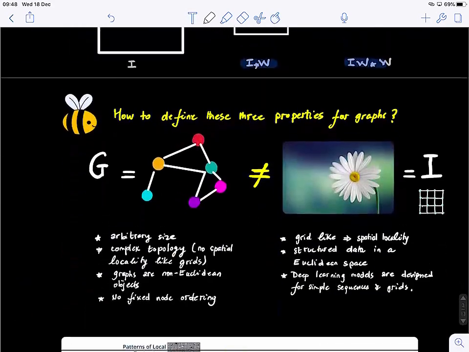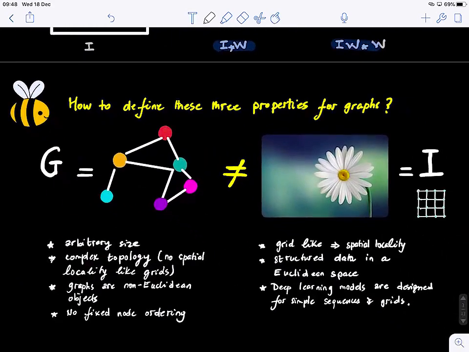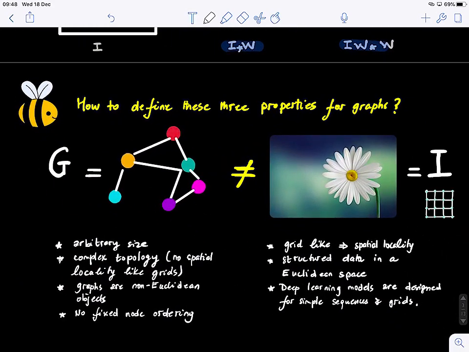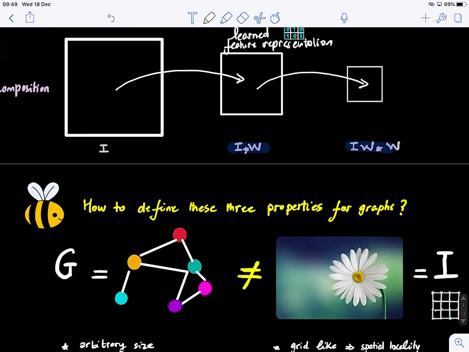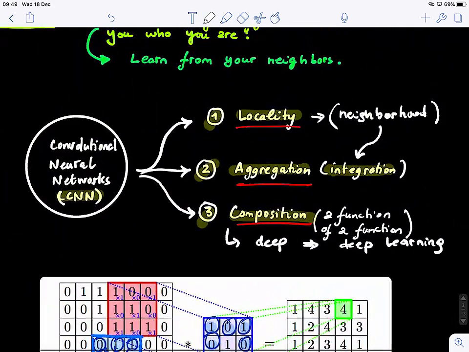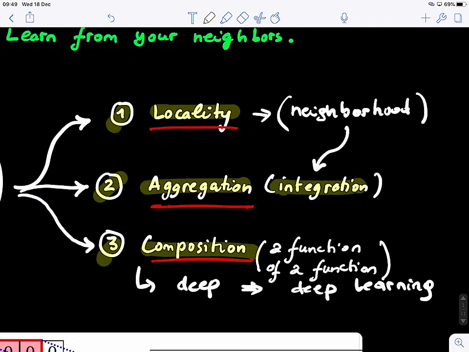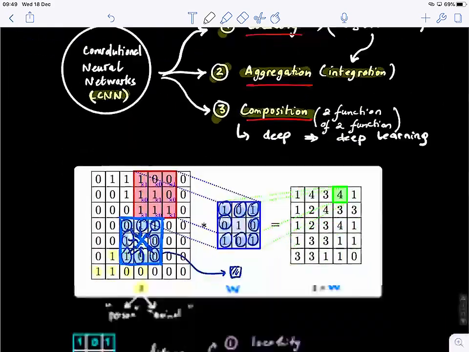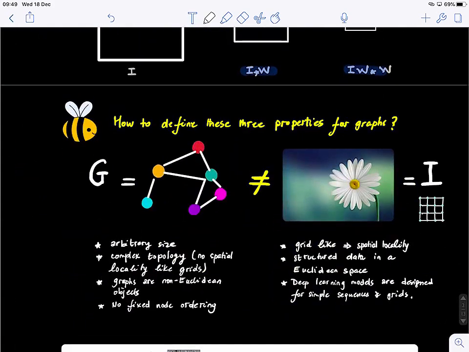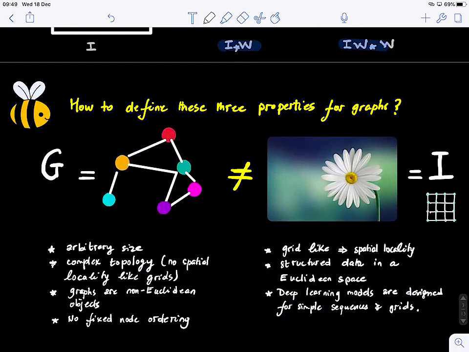Now, if we want to do this on graphs, we know that these properties we can easily define on images, but the key question here is how to generalize these three functions: how to define a neighborhood, how to aggregate from neighbors, how to do the composition rules on graphs. And to do that, first we need to think about graphs. What are the similarities and the differences between these two objects?